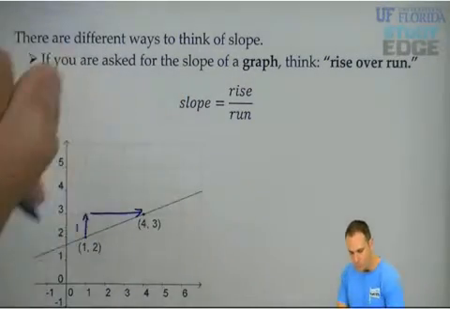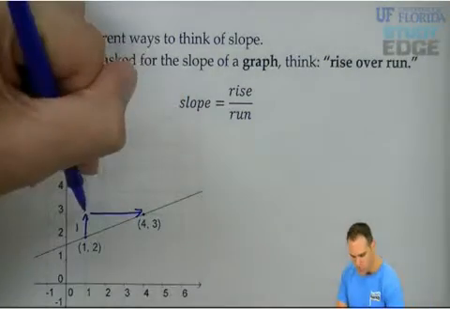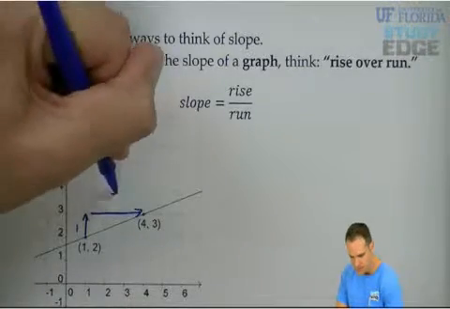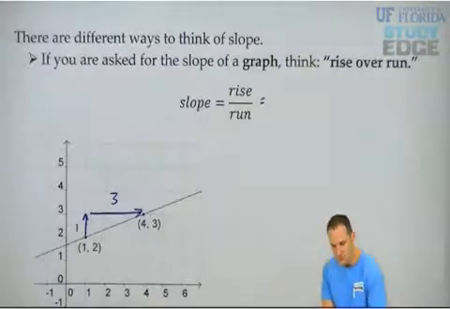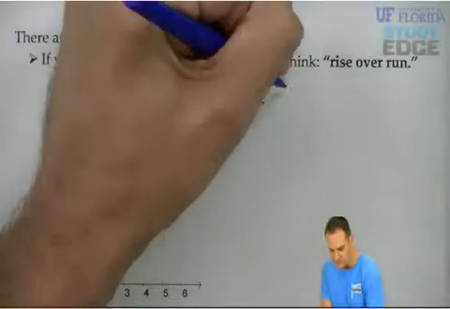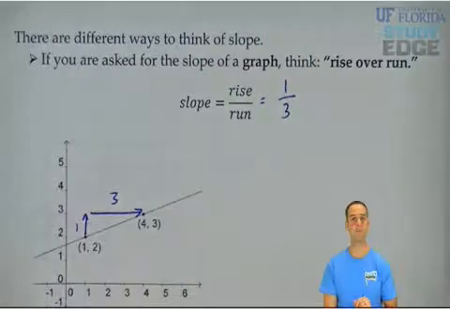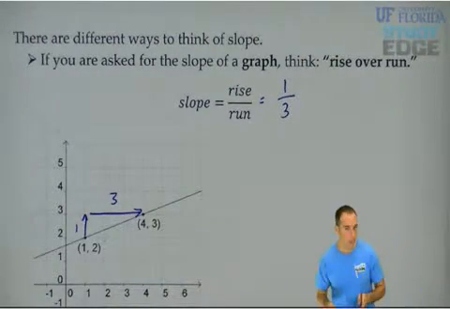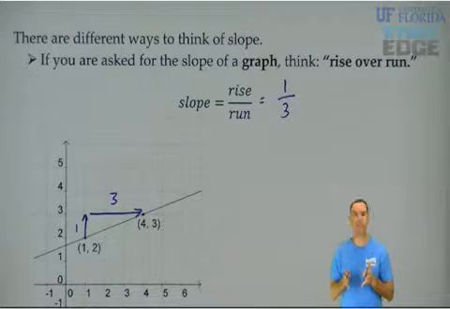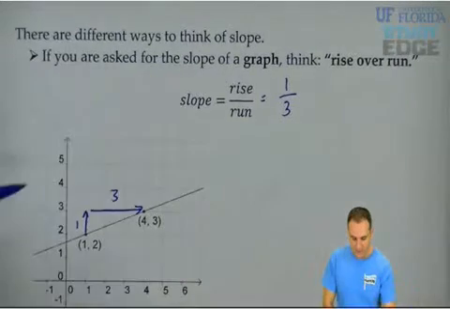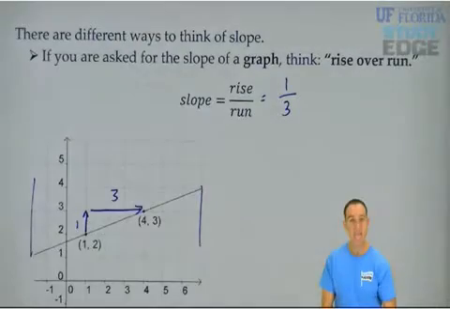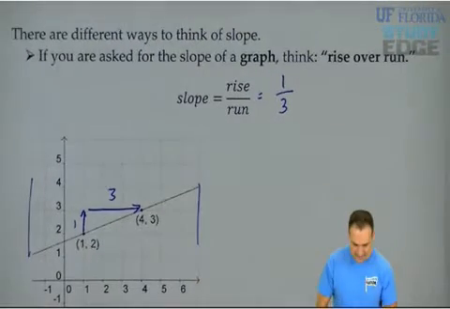I'm going to rise 1 unit and run over 1, 2, 3 units. So the slope of this line from the graph is rise 1 and run 3. But do be careful, make sure you double check if it's positive or negative. Looking at this line, it doesn't make the letter N, so it's got a positive slope.